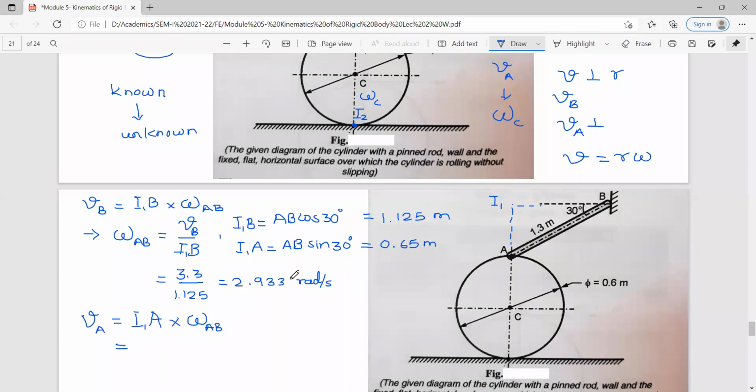So the I1A value is given, 0.65, and the angular velocity of AB you just found, 2.933. That gives 1.906.